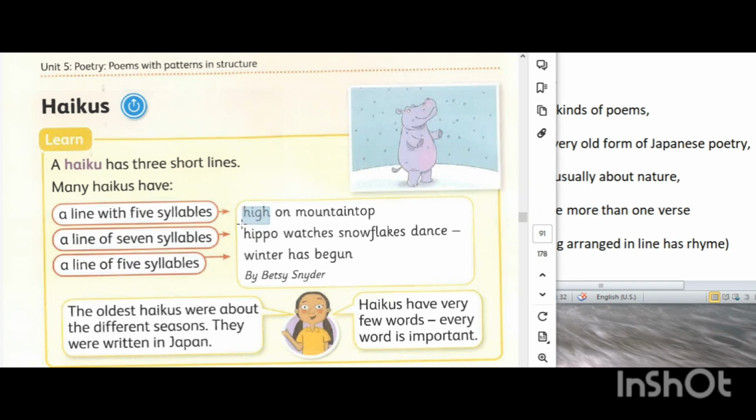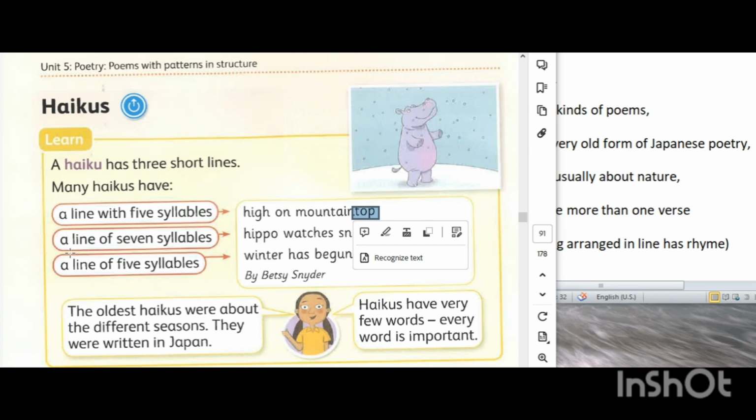High, it's 1 syllable. On, the second syllable. Mountain, the 3rd syllable. Ten, the 4th syllable. Top, the 5th one. So now when you read this line, you read it with 5 syllables. High, on, mountain, top.